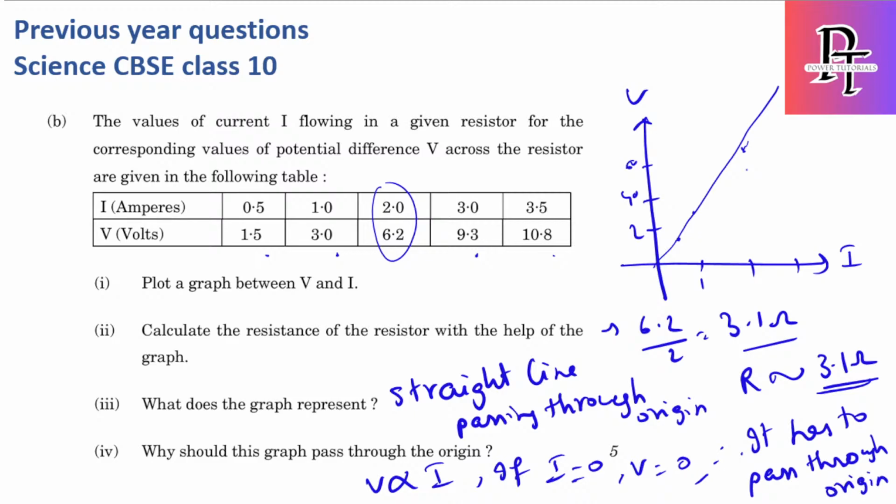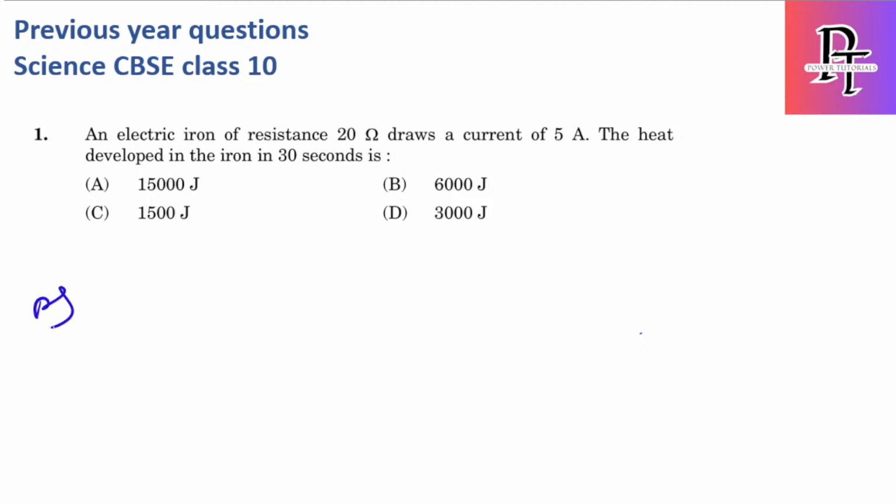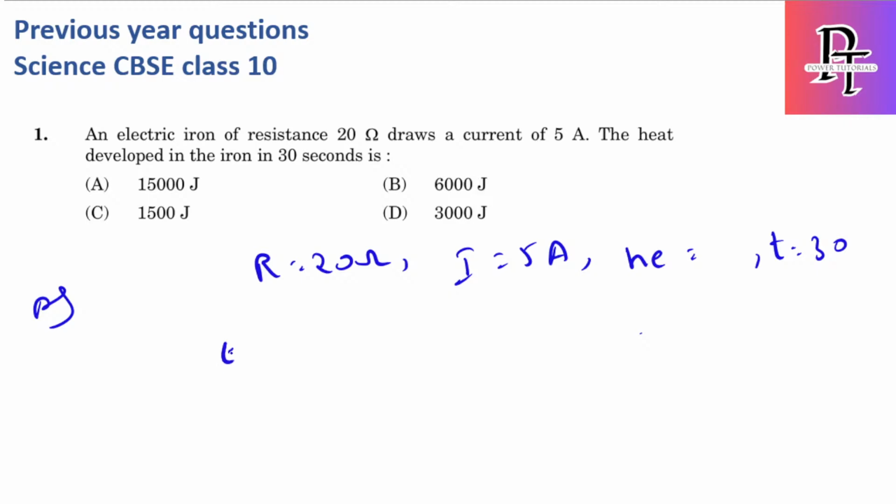Okay, next, see the next question. Electric iron resistance is mentioned, resistance is 20 ohms. Current I is mentioned 5 amperes. They're asking the heat generated, and the time is mentioned as 30 seconds. Heat is nothing but energy here. So what are the formulas of energy we studied?